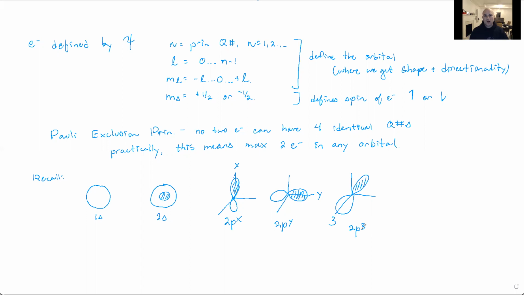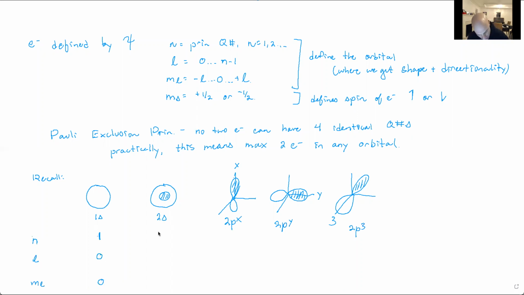Okay, I can list the quantum numbers under each of these. So if we could make a little chart here: n, L, m sub L. So here n equals 1, and L is going to be 0, m sub L equals 0. Okay.